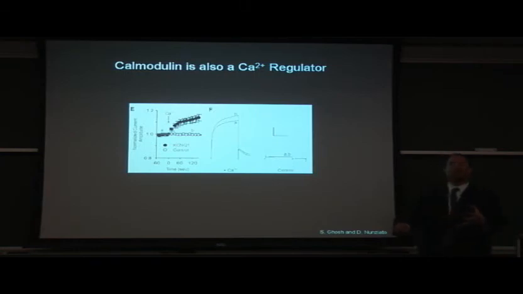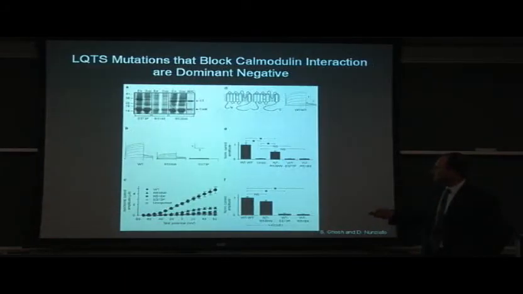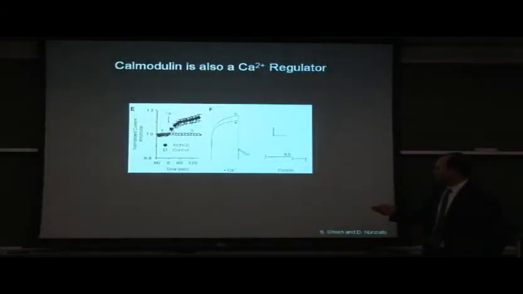So if calmodulin is a subunit, is it also a sensor? And so here are data where we express the channel in oocytes, and then we inject calcium, and you can see that there is a time-dependent increase in the peak current in the KCNQ1 channels, and in control oocytes, where no KCNQ1 is expressed, you don't see any increase.